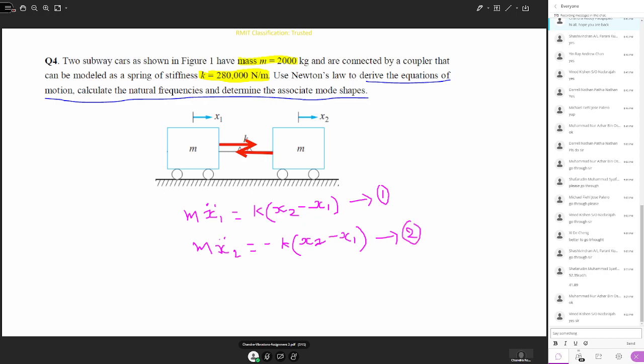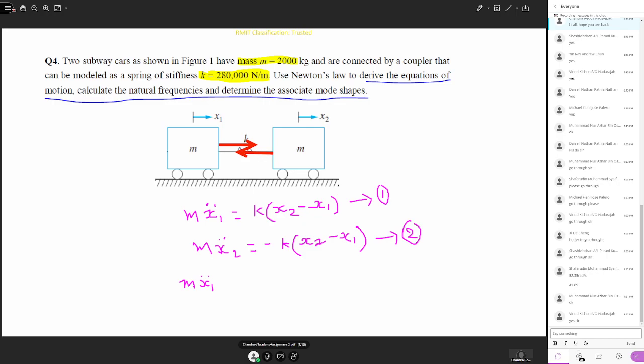So these are the equations. We can write the first equation as m x1 double dot minus kx1.